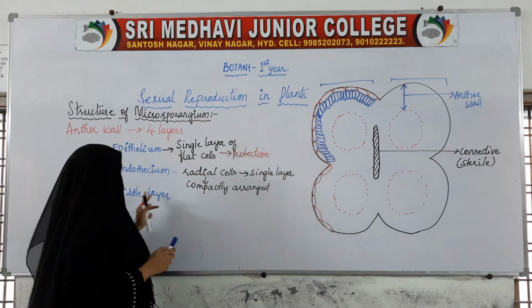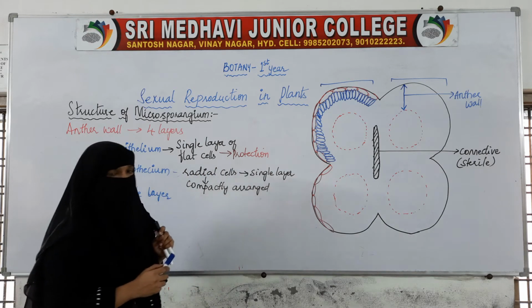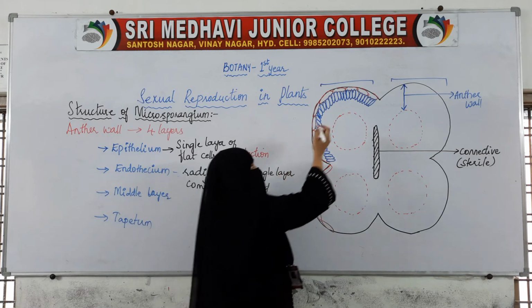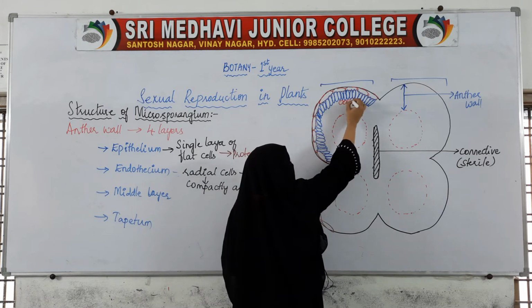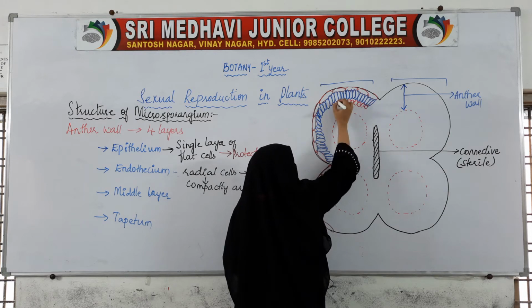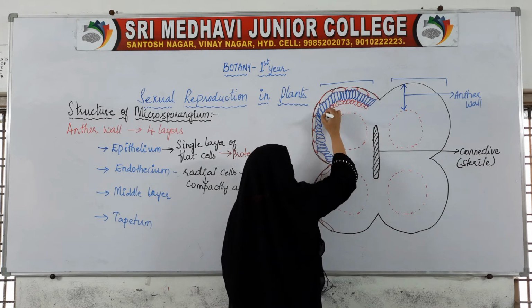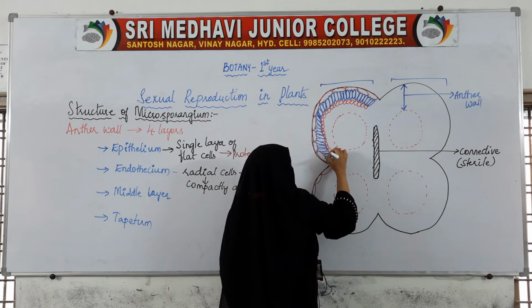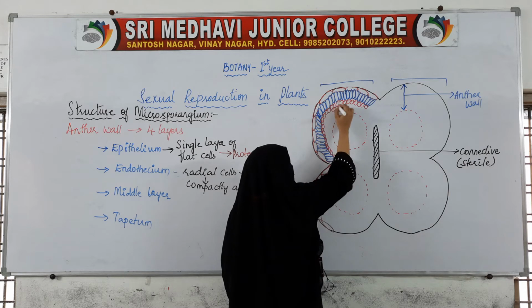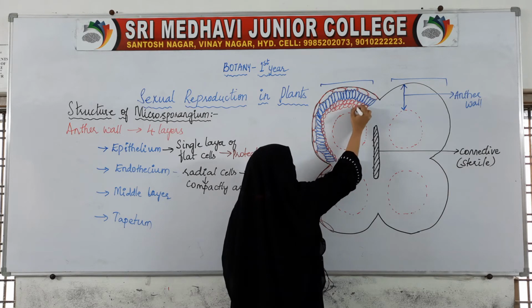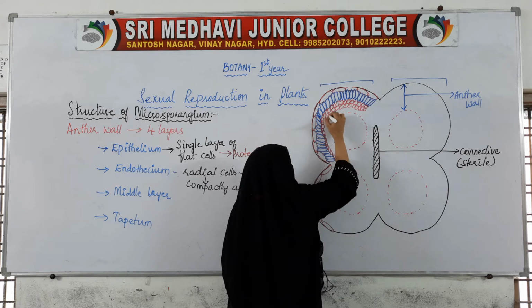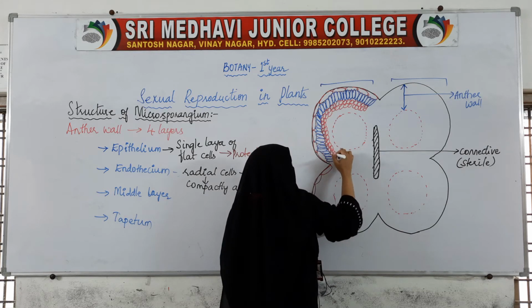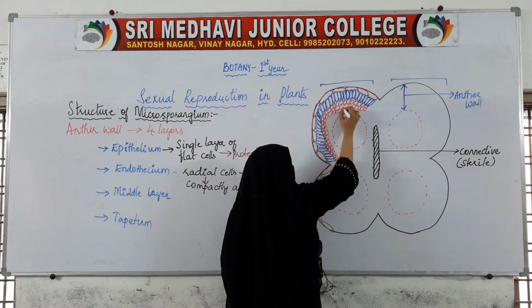Next comes the middle layer, which is the third layer. The middle layer consists of 3 to 4 layers of parenchymatous cells. This is one layer, this is the second layer, this is the third one.